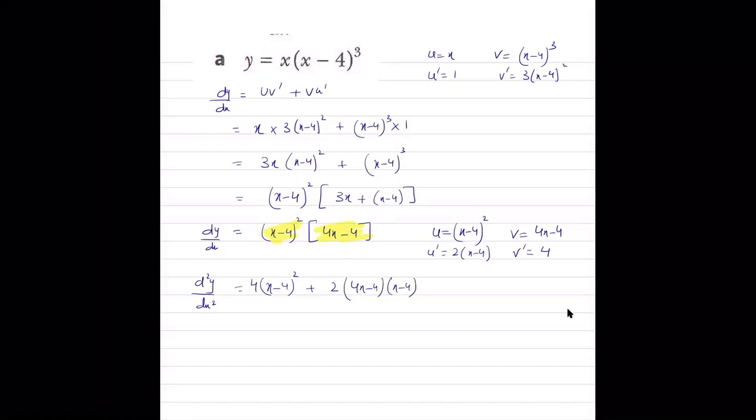That is the expression. If anything can be taken common out, you will. x minus 4 can be taken common out. And what else? 2 can be taken common out. You're going to be left with 2 times x minus 4 plus 4x minus 4. Is that correct?